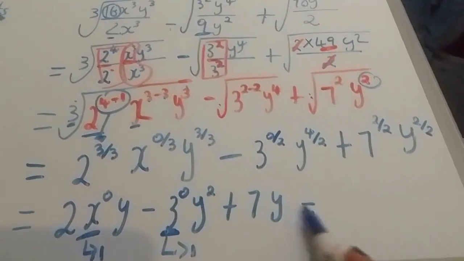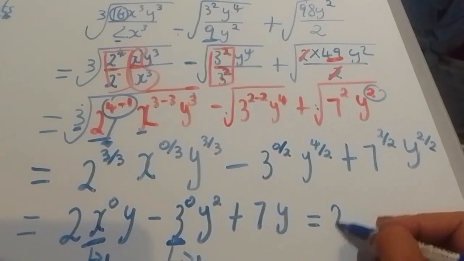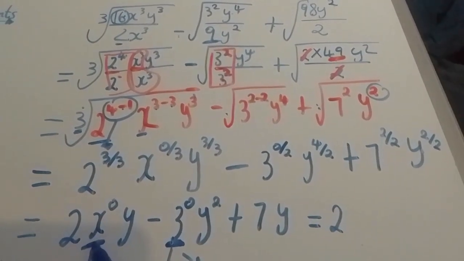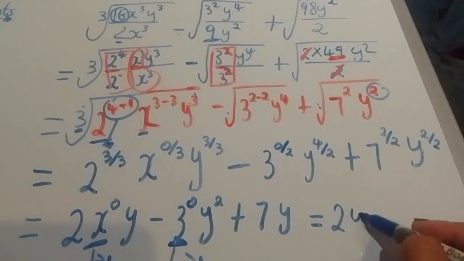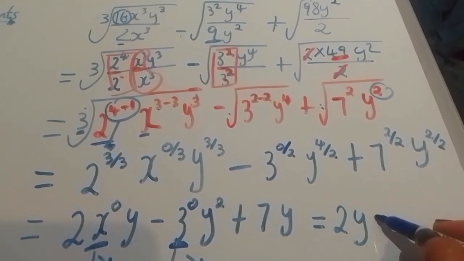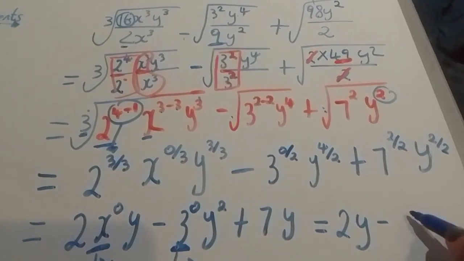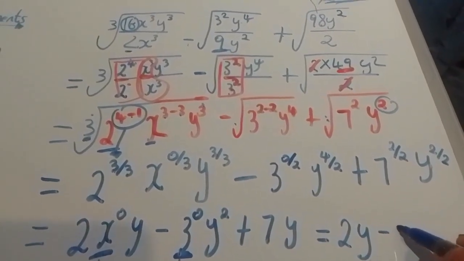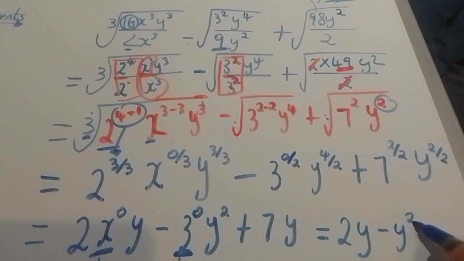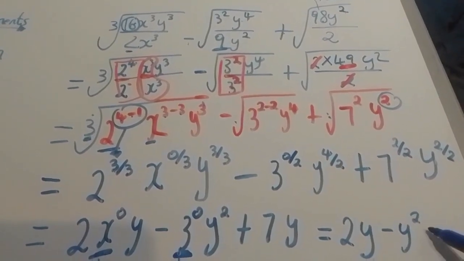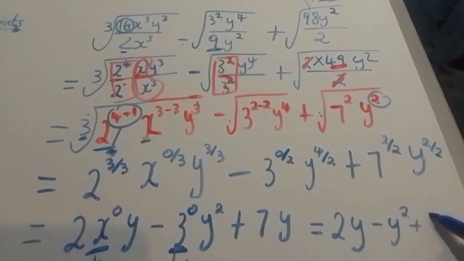So this now goes down to 2 times this 1 times y, which gives us 2y, minus 1 times y squared gives us y squared, and then we have plus 7y.